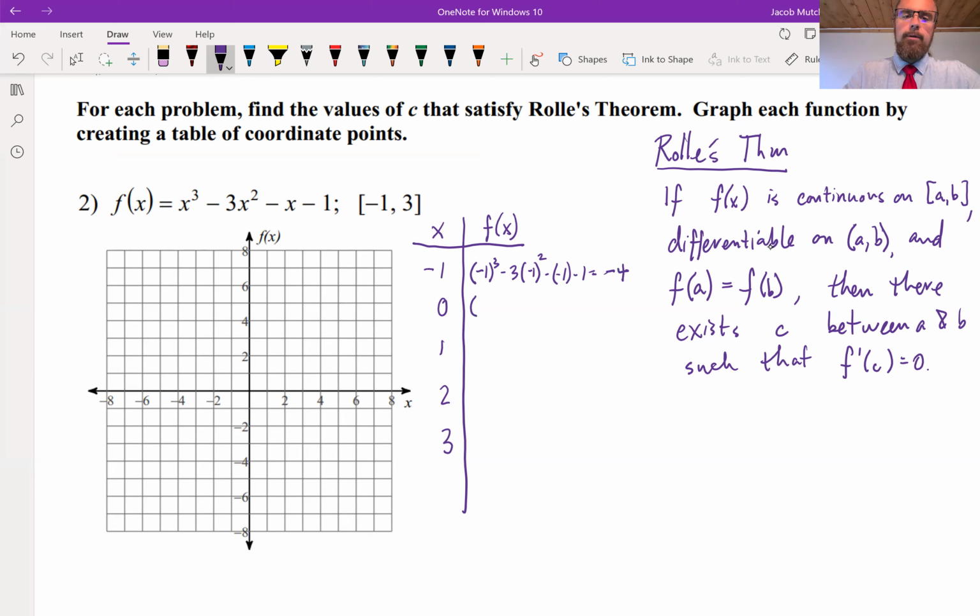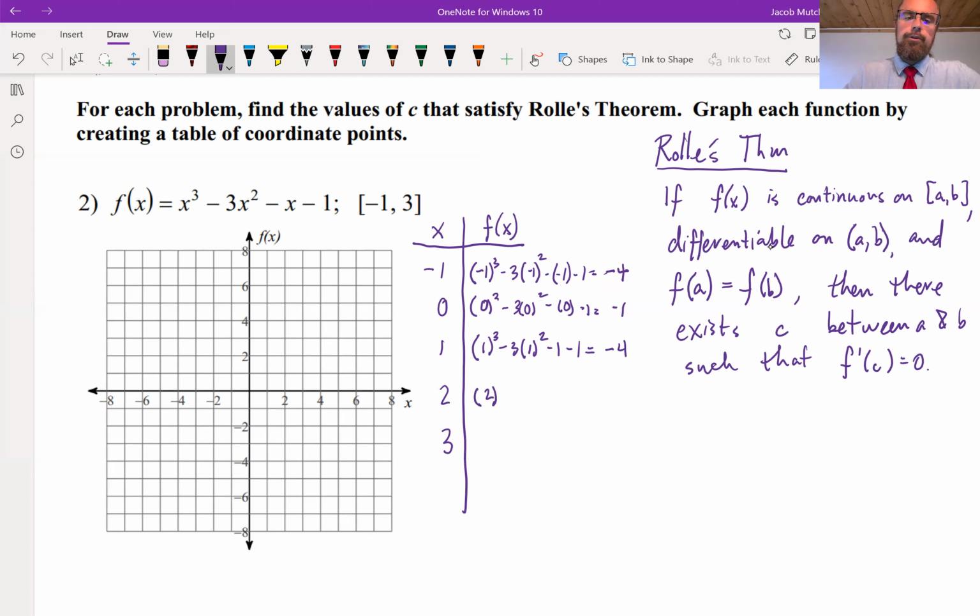All right, we'll keep going. So at 0, it's 0 cubed minus 3 times 0 squared minus 0. So those first three terms will zero out. Overall value is going to be -1. At 1, 1 cubed minus 3 times 1 squared minus 1 minus 1. So that's going to be 1 minus 3, that's -2, minus 1, that's -3, minus 1, that's -4.